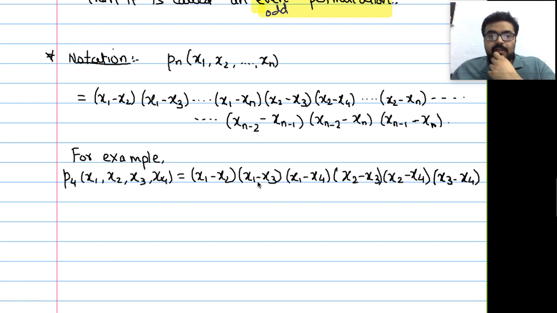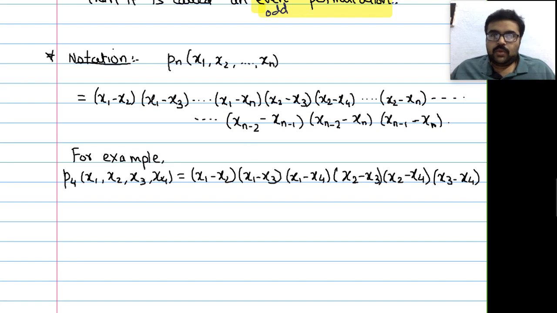Is it clear? So x1, x2, x3, x4. So start with x1. So we have 3 terms: x1 minus x2, x1 minus x3, x1 minus x4. Then x2, go further, don't go back. So no x1 and no x2 coming. So x2 minus x3, as you can see here, x2 minus x4. So x4 is the last one. Then comes x3, x3 minus x4.